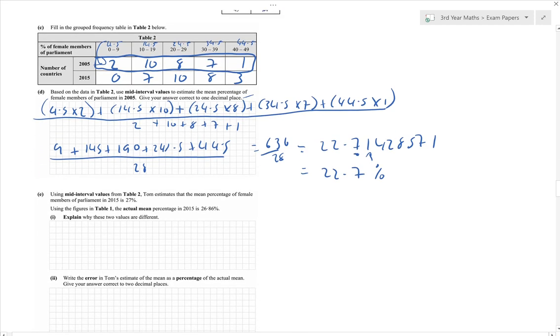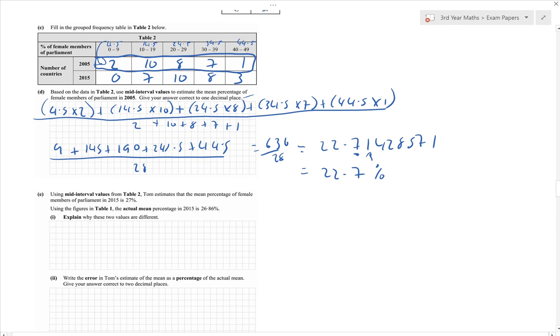Part E then says, use mid-interval values from table 2. Tom estimates that the mean percentage of female members of Parliament in 2015 is 27%. Using the figures in table 1, the actual mean is 26.86. Explain why these two values are different.